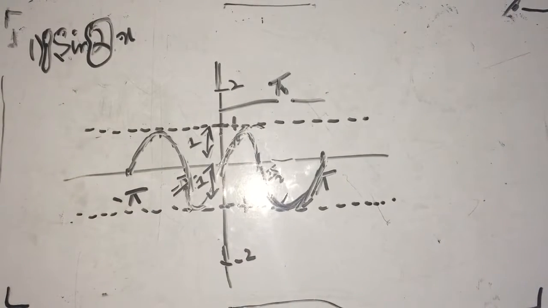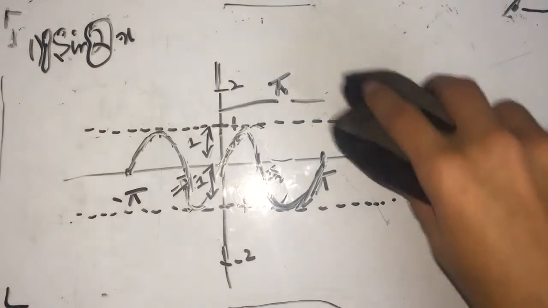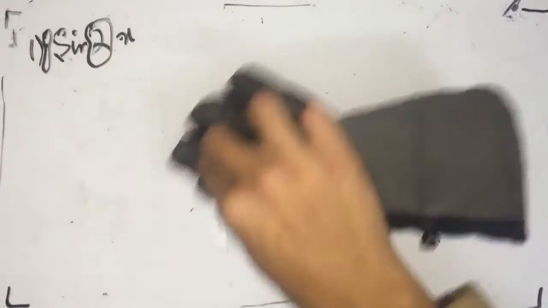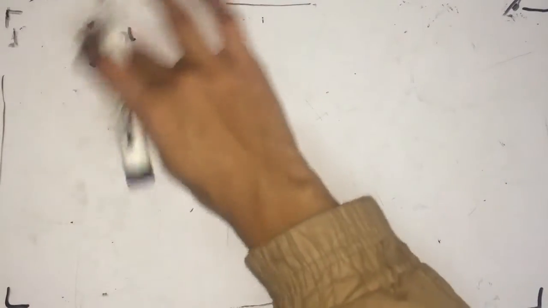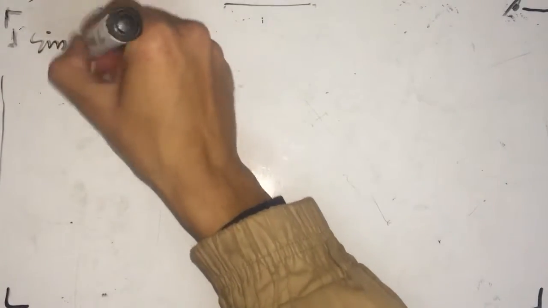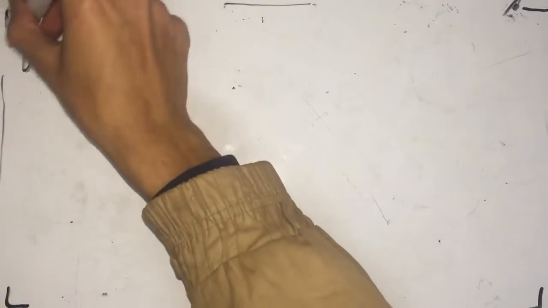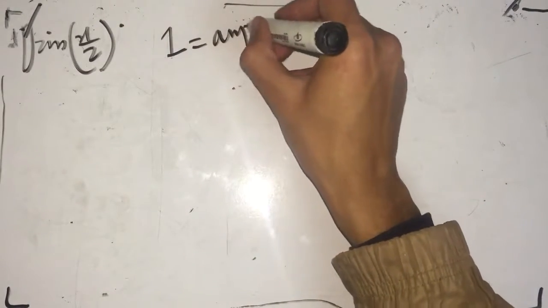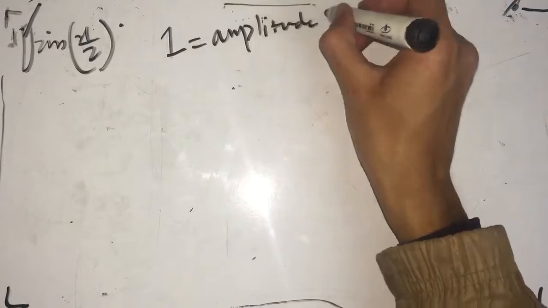Alright, now let's do the second question, which is sine of x by 2. Here its coefficient is 1, so the amplitude is 1.